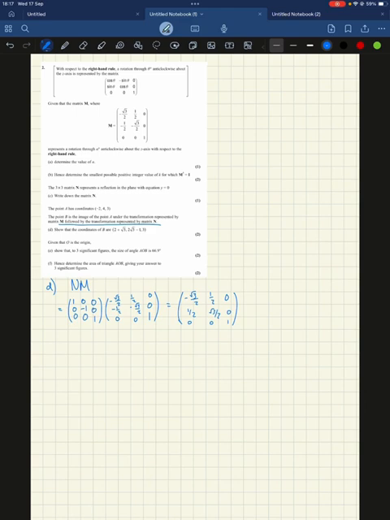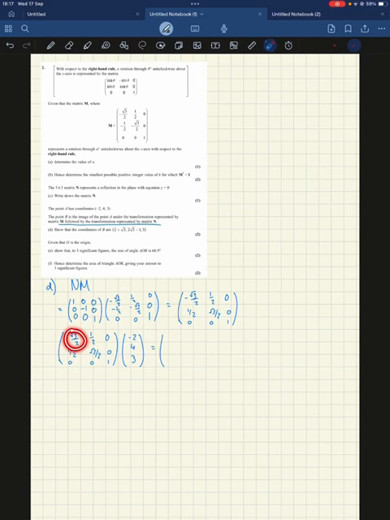So now we just have to reflect point A in it, so this matrix over here, we will multiply by the point minus 2, 4, 3 to get our new point B. So minus root 3 over 2 times minus 2 is just going to be root 3 plus 2.